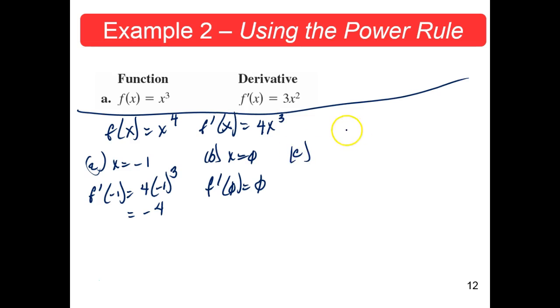When x equals 1. F prime of 1 would be 4. Perfect. Okay. Because you just plug in 4 times 1 cubed. 1 cubed is 1. And that gives you that.